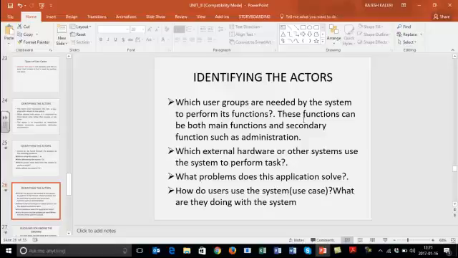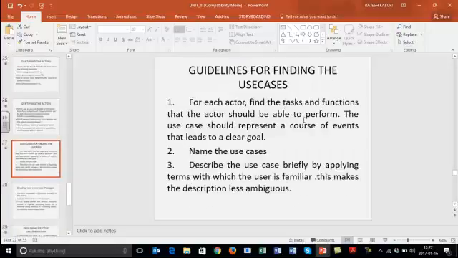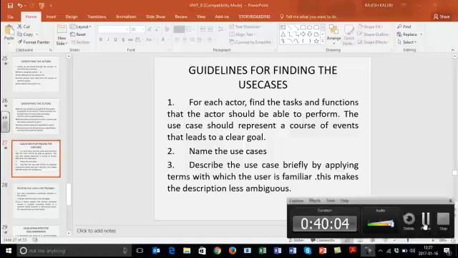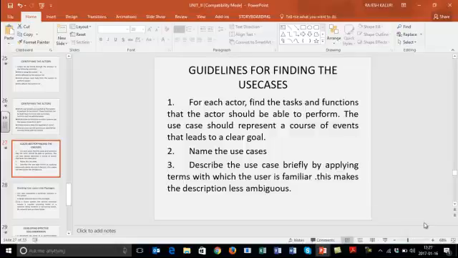And now the next one is guidelines for finding the use cases. What are the guidelines for identifying use cases? Here are the steps involved in finding the use cases. The first one is, for each actor, find the tasks and the functions that the actor should be able to perform.